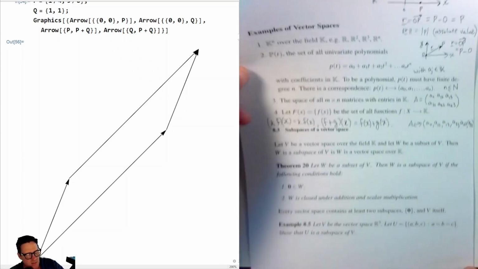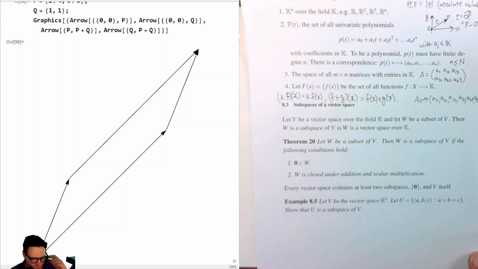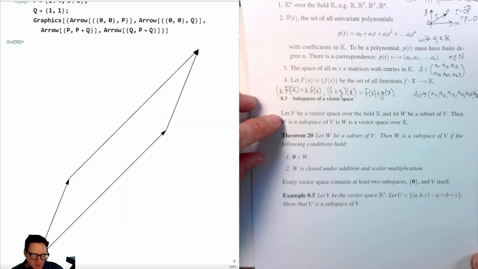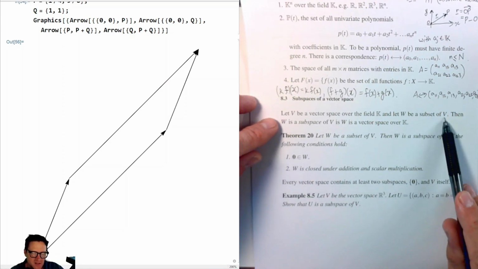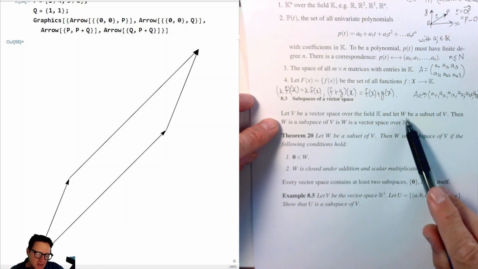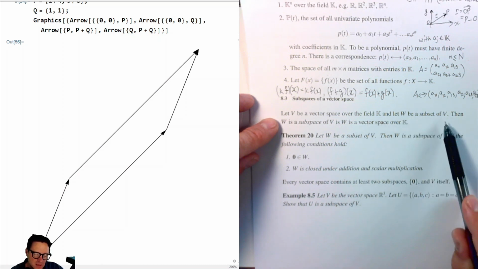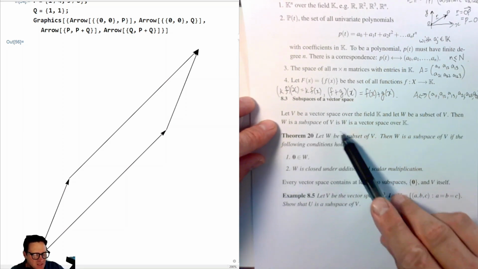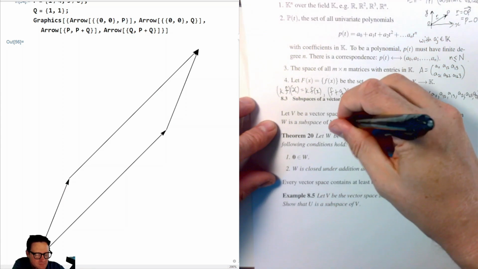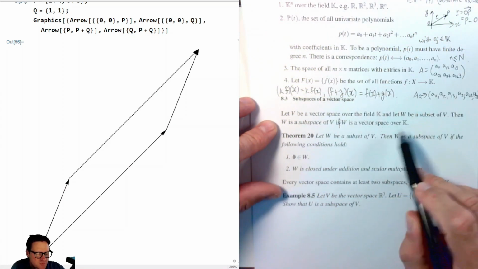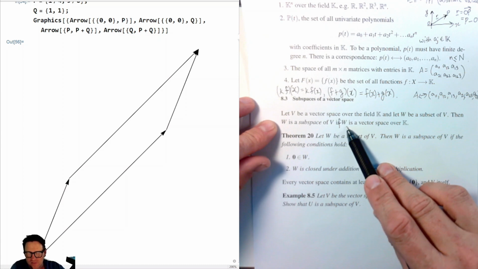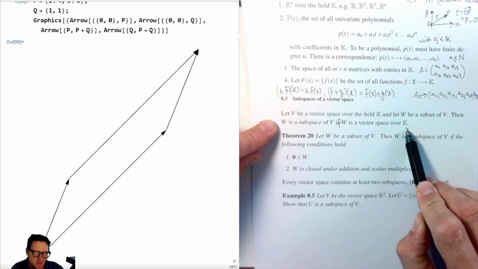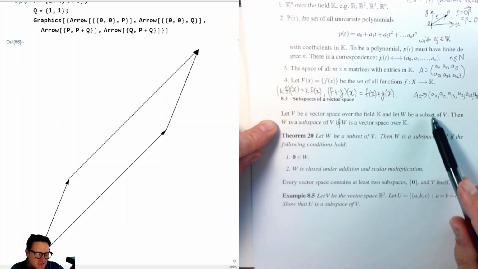Let's talk about subspaces of a vector space. Let V be a vector space over a field K, and let W be a subset of V, so that every element of the set W is an element of the set V. W is a subspace of V if W is a vector space over the field K. So W itself needs to be a vector space over the field K also, together with being a subset.